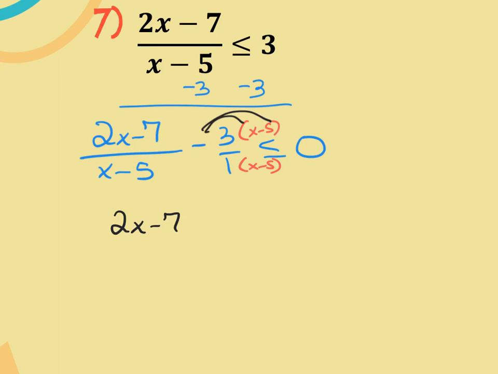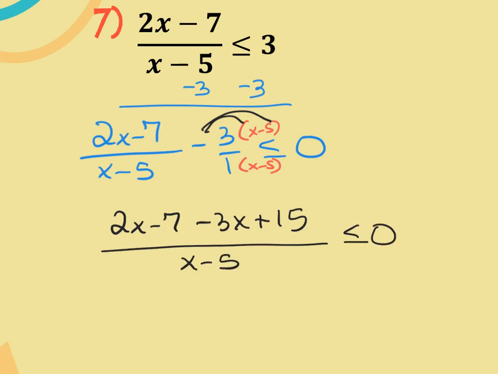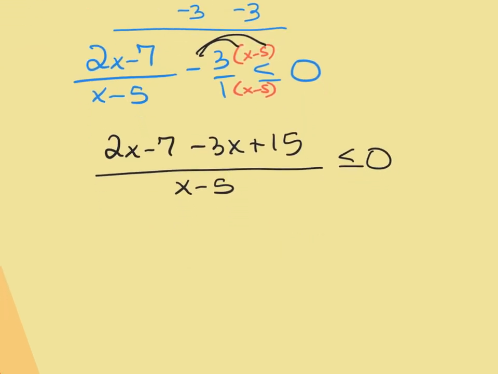Distribute the -3. Keep the x minus 5 in the bottom. Combine my like terms in the numerator. 2x minus 3x is -1x. And then -7 plus 15 is +8.